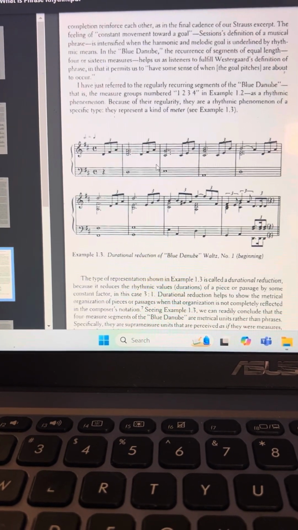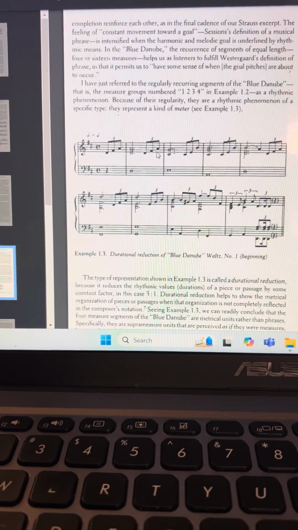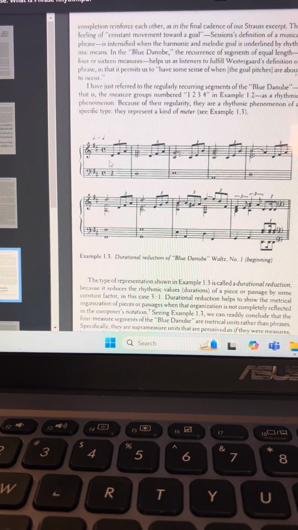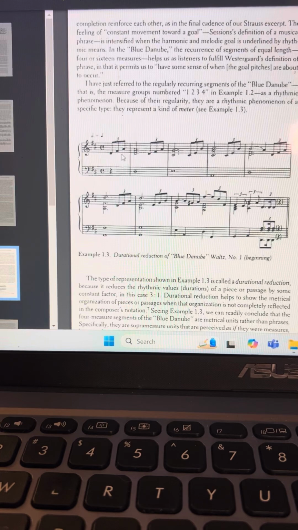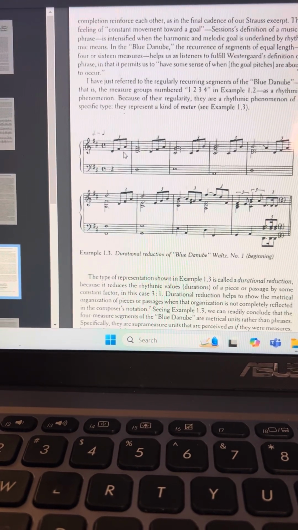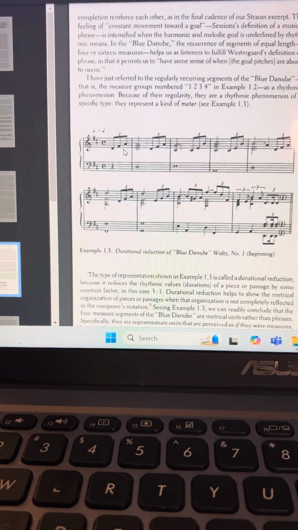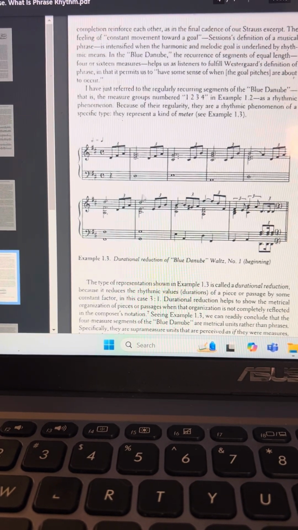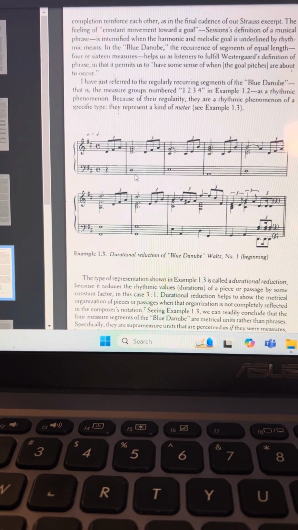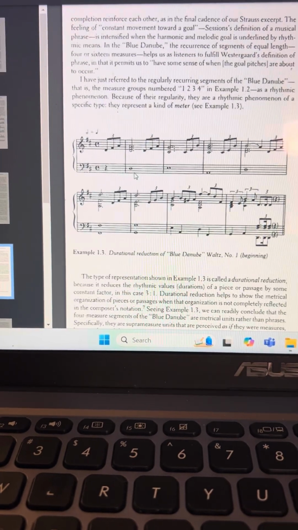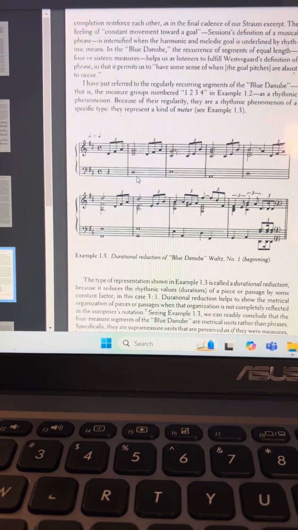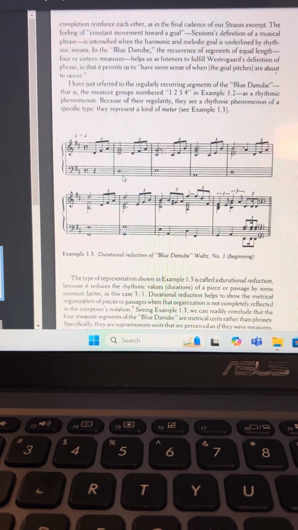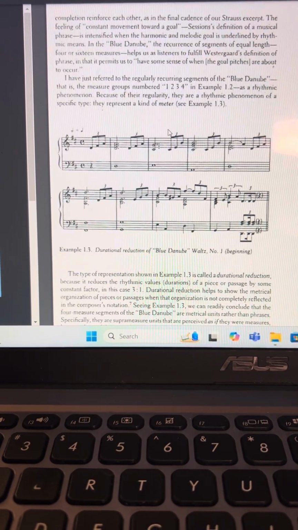We see here in this kind of pickup, this is the quarter note triplet. This idea is that this durational reduction is taking the duration, the length of particular notes, and condensing them down to look smaller.